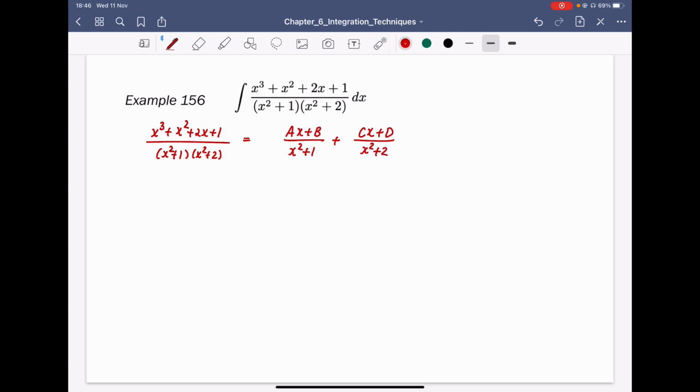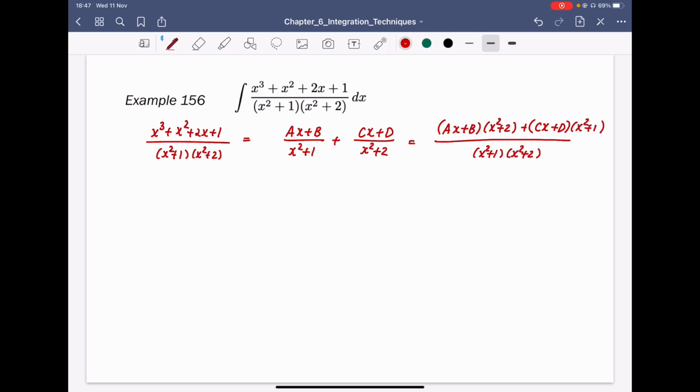So it is going to be a little bit tough, but we'll see. We're going to clear out the denominator first. So we're going to have ax plus b times x squared plus 2 and then plus cx plus d times x squared plus 1.